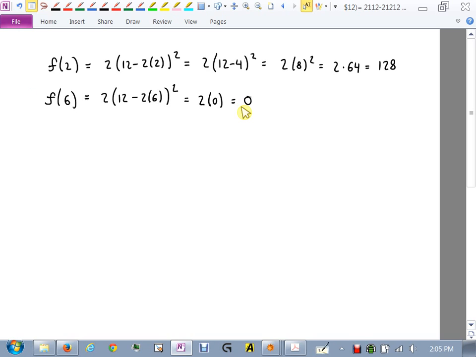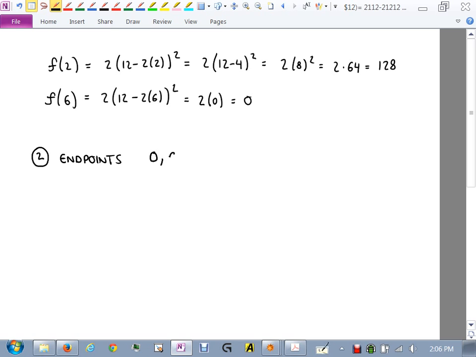I'm not allowed to say that yet because I have not checked the endpoints. The endpoints might be bigger or smaller. So now what we're going to do is step 2, evaluate the function at the endpoints. What are the endpoints?